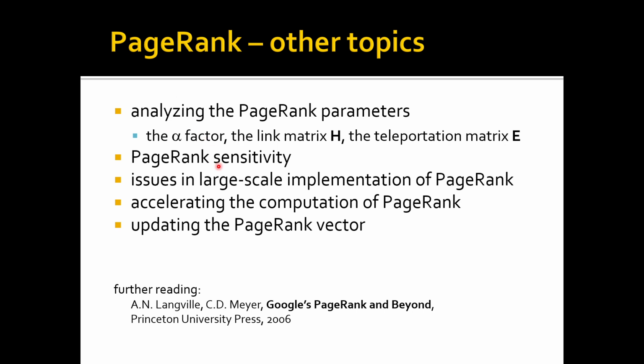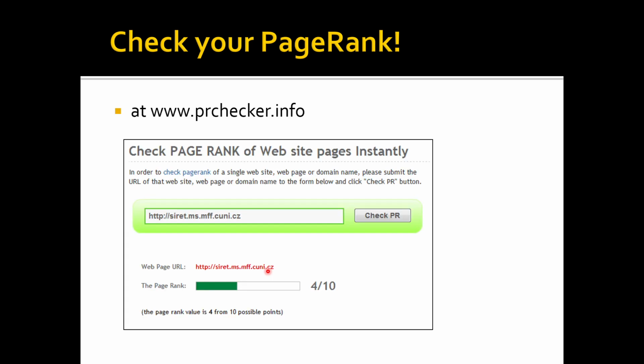Okay, so we basically finished. The last topic is just this slide. You can use this web page, prchecker.info, where you can observe the PageRank of a page that you like, and it gives you some score.